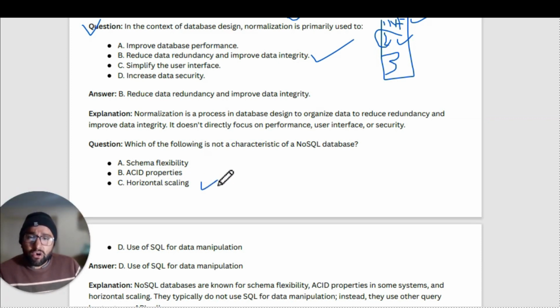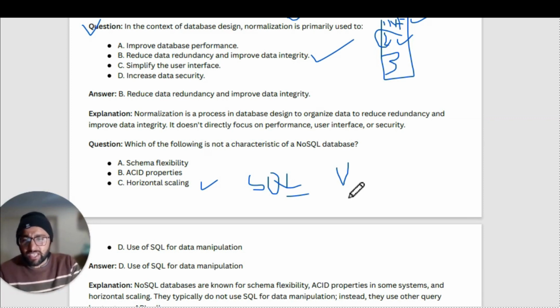So guys, NoSQL databases are based on the concept of horizontal scaling, and SQL databases are based on the concept of vertical scaling. This is very important from the MCQ point of view. Use of SQL for data manipulation, no. This happens in the SQL database, not in the NoSQL database.